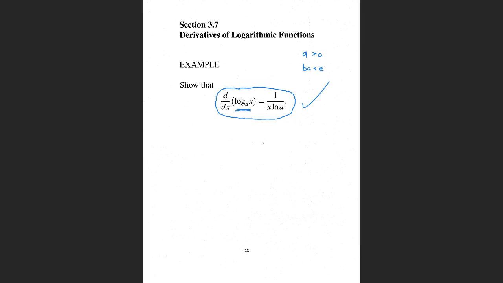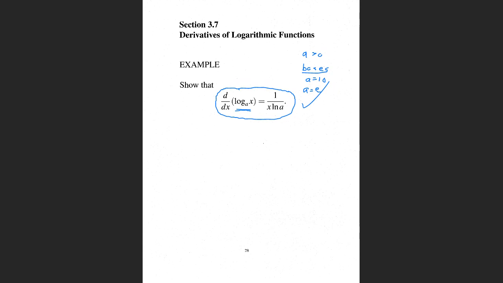Yes, base 10, that's right, Ian. Base 10, base e. When a equals 10, that's called the common logarithm. If a equals e, you have what's called a natural logarithm. You should have seen some of that in your pre-calculus.